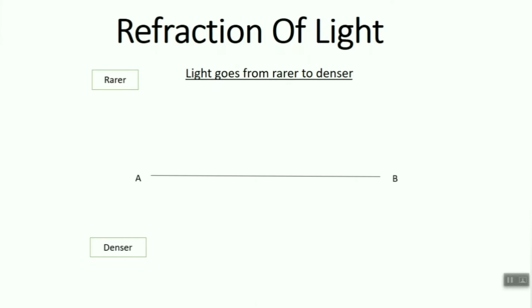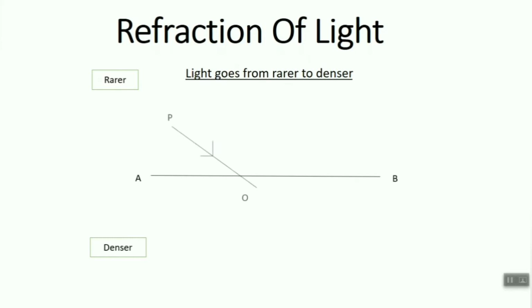So when the medium is less dense, it bends more, and when the medium is more dense, that time it bends less. That means actually through which path it should go, it will not go through that path, it will just change its direction because of the density of the medium.